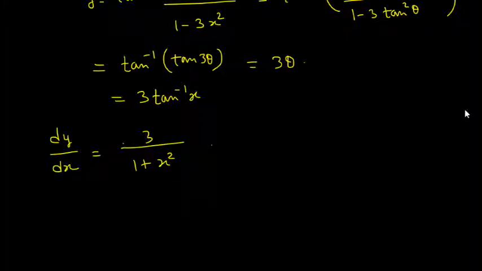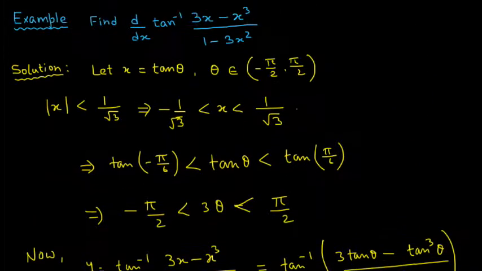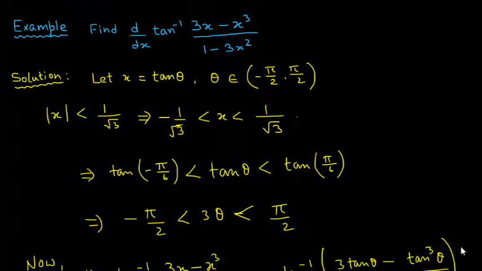So this is the simple part. Remember, whenever this kind of question comes, it is better to consider x as tan theta. So 3x minus 3x cube, check if it falls into the formula.